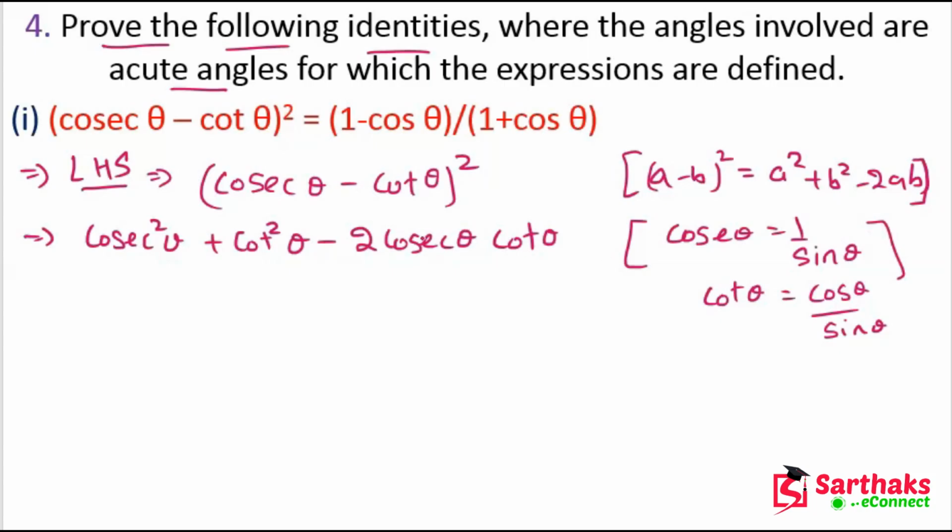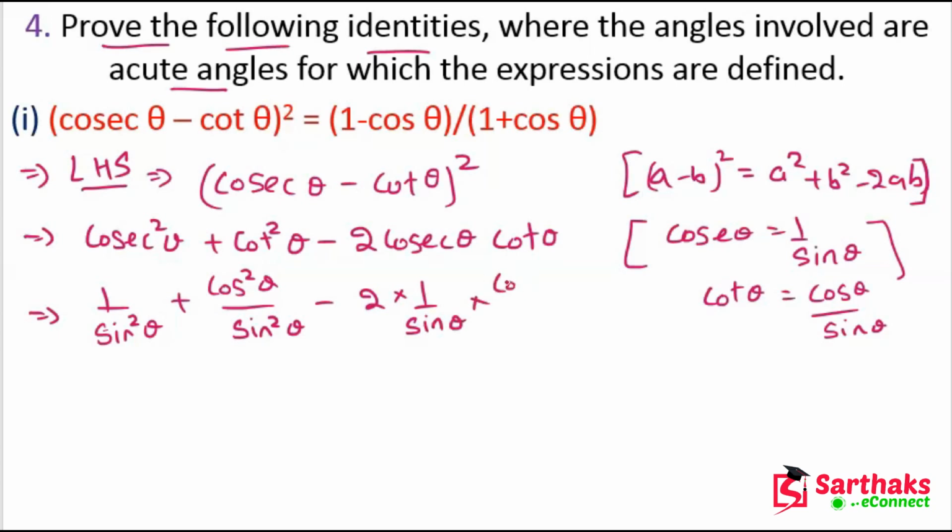So putting these values in this equation, we get 1 upon sin square theta plus cos square theta upon sin square theta minus 2 into 1 upon sin theta into cos theta divided by sin theta.